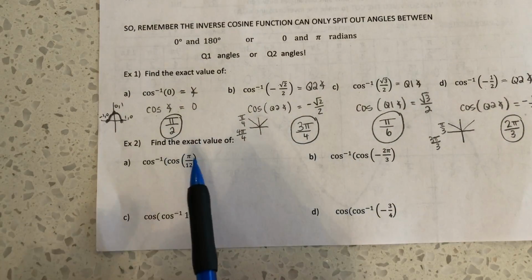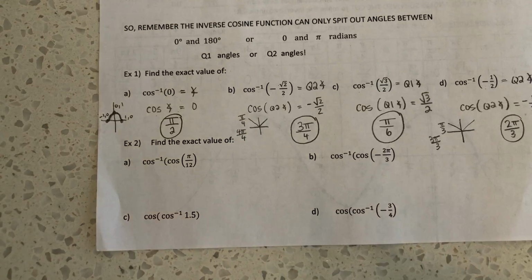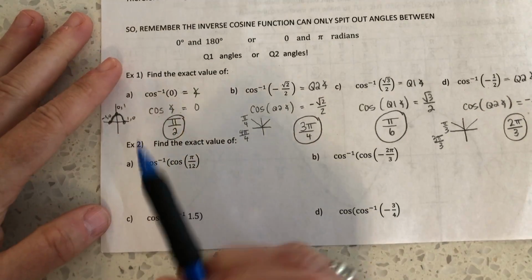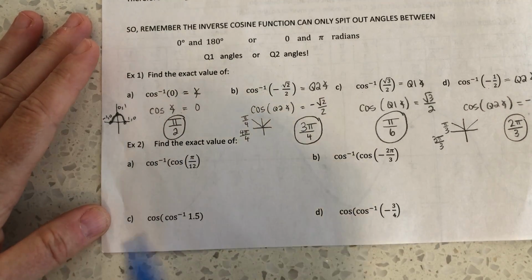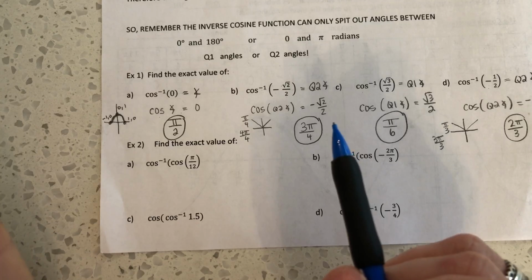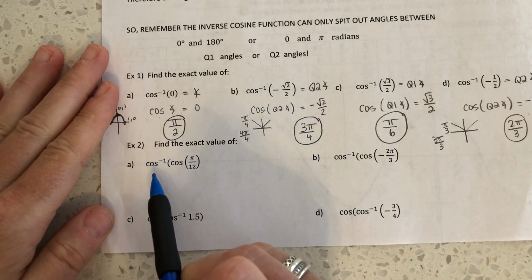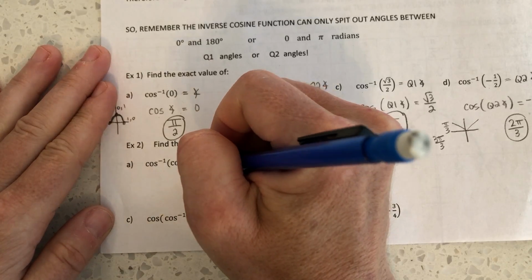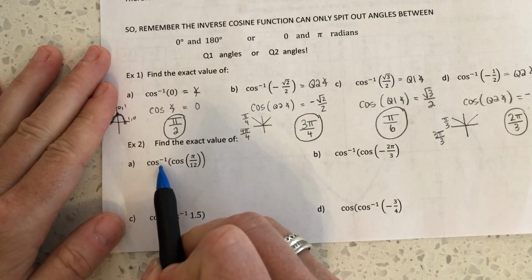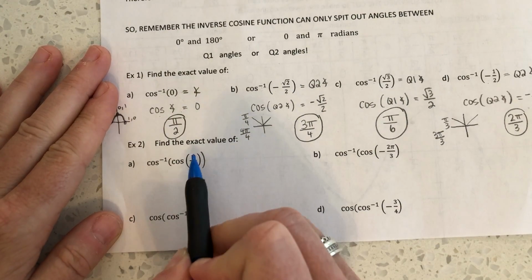Now they want you to find the exact value of these. These are meant to be extremely simple unless they try to trick you. So look here, find the exact value. The cosine and the inverse cosine are inverse functions, guys. They should cancel each other out, so it should be easy. Essentially, I forgot a parenthesis. It says the inverse cosine of the cosine of pi over 12.